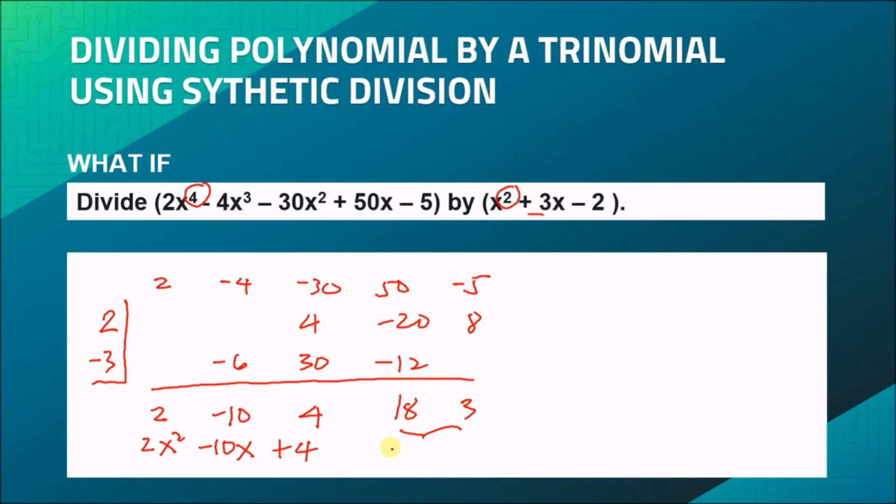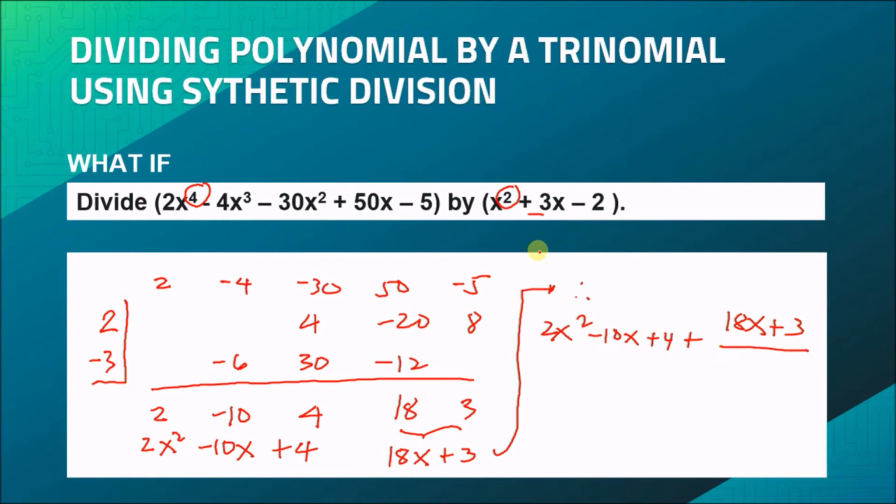So dito magmumula yung binomial expression na 18x plus 3, or to finalize the answer, our quotient is 2x squared minus 10x plus 4 and then plus 18x plus 3 all over, babalik natin yung ating divisor. And that is our final answer.